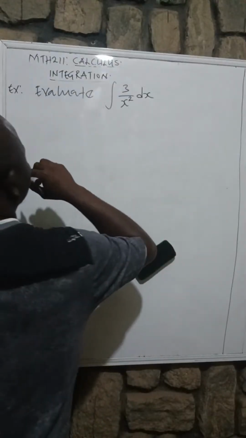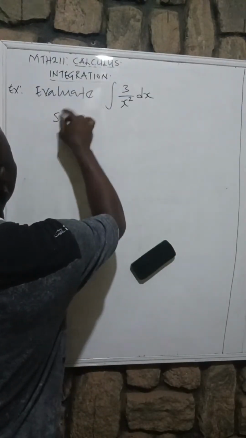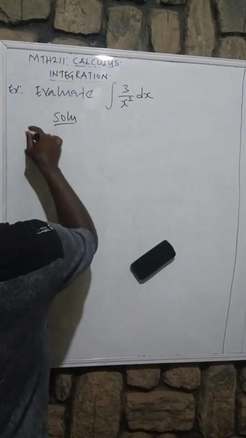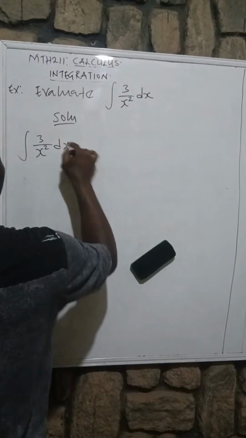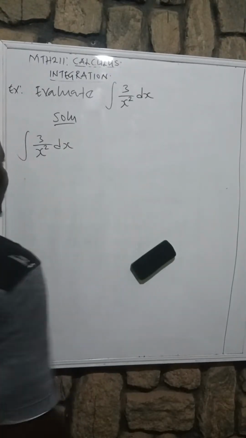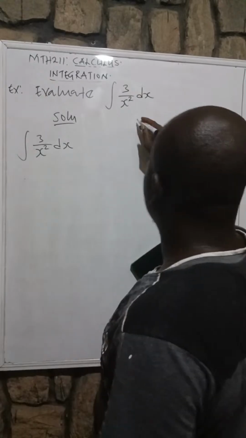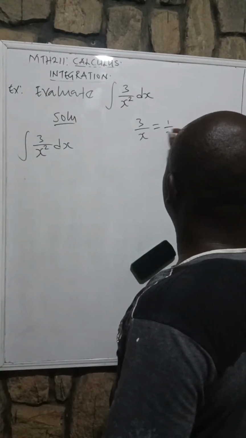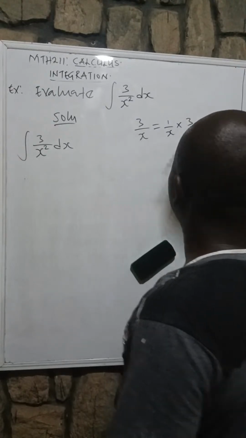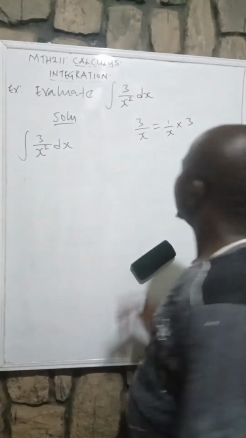Okay. So what you need to do, we write solution, integral 3 all over x squared dx, right? I want to remind us, assuming we have 3 all over x, this is the same as 1 all over x times 3. True or false?